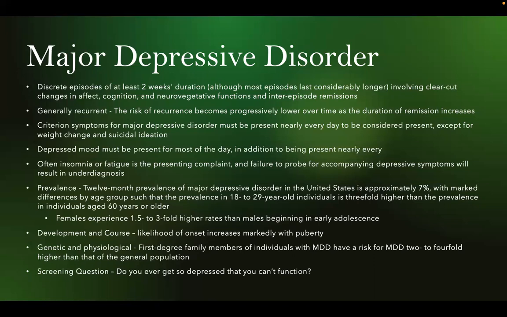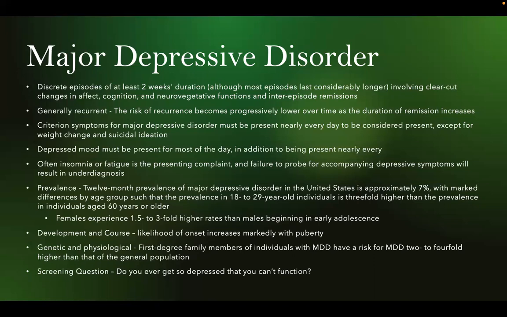And then in terms of genetics and physiological features, first-degree family members are people that share at least 50% of their DNA with the individual. First-degree members that have major depressive disorder have a risk for major depressive disorder 2 to 4-fold higher than that of the general population.